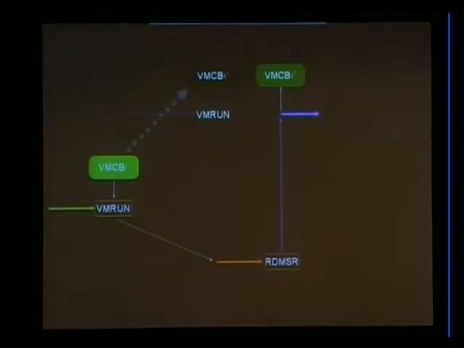According to our scheme on one of the first slides, all the VM control blocks share the same privilege level. So all the VM exits that happen in these control blocks will generate VM exits to the main hypervisor.